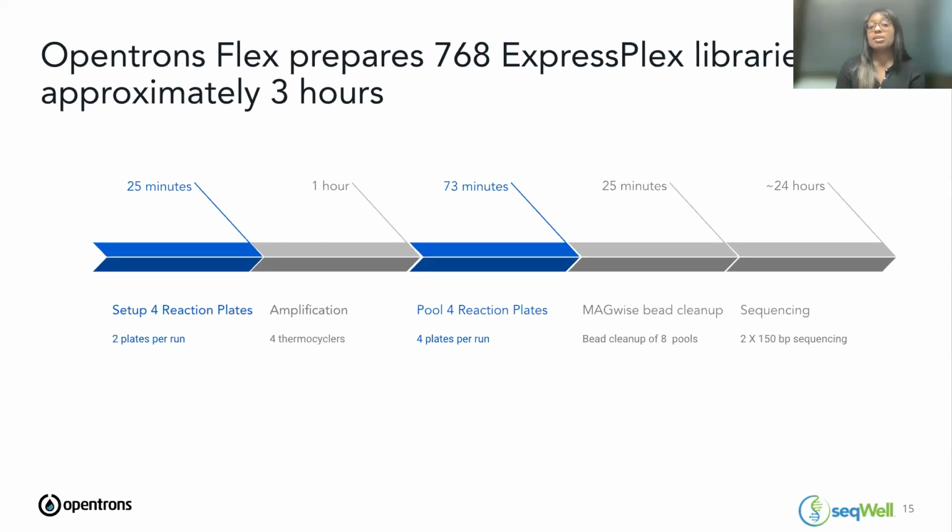So taken together, we can really optimize this particular solution with the automation and with the robust, condensed, powerful chemistry of the ExpressPlex kit, and really get sample to sequence really quickly.